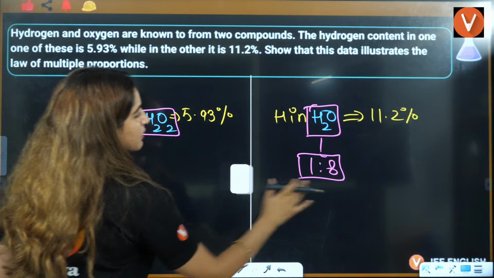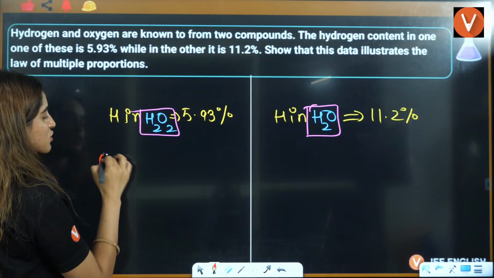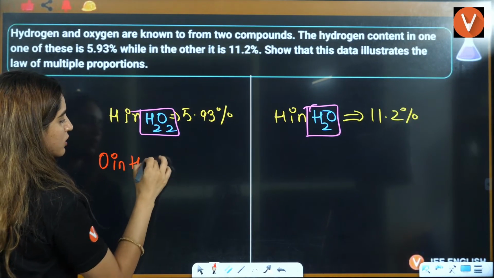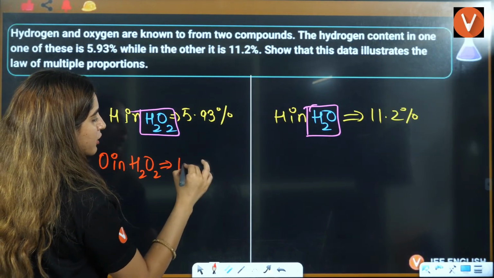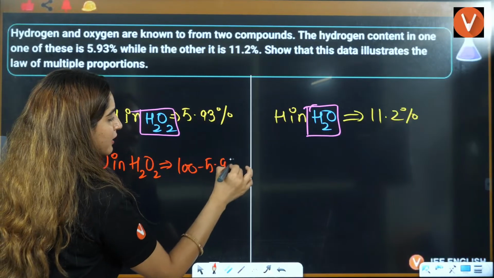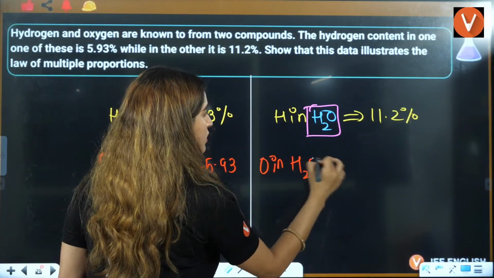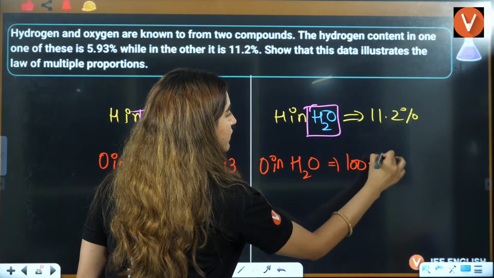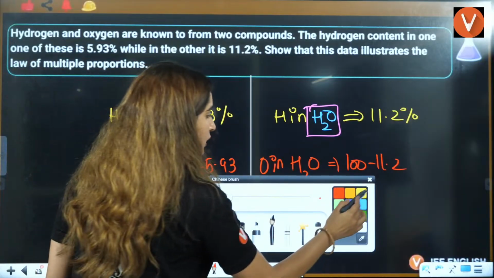The percentage of oxygen in H2O2 is going to be 100 minus 5.93. The oxygen in H2O is going to be 100 minus 11.2. And from that you will apply the unitary method.